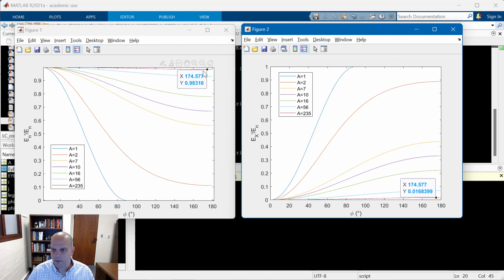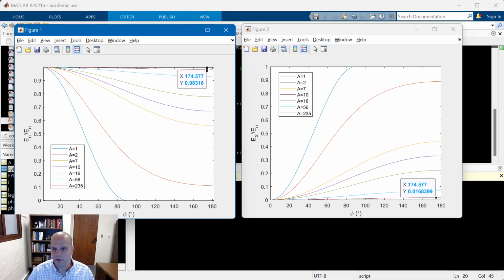So let's talk a little bit more about a equals 1. A equals 1 stops at 90 degrees. And so what does a equals 1 mean? It means that the mass of the target is the same as my neutron.